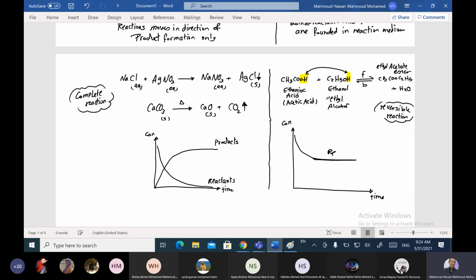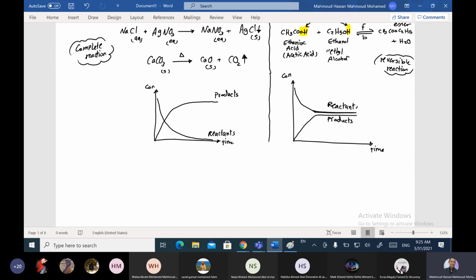This is the reactant, and the product increases until it becomes constant, and both reactant and product are in the case of equilibrium. Reversible reactions are controlled by what is called chemical equilibrium.